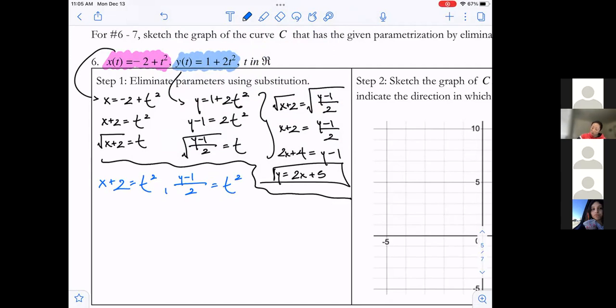Okay. So you know how down here we got t, and so we set them equal to each other, right? If you have a t squared and a t squared, you can actually set those equal to each other right off the bat. x plus 2 equals y minus 1 over 2.